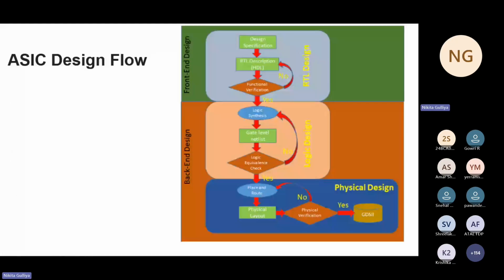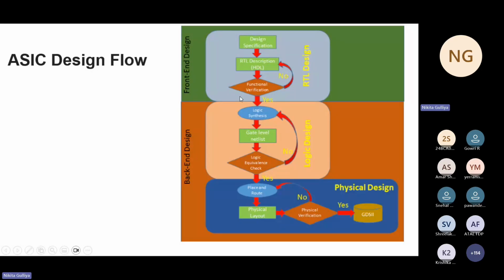This diagram again shows the ASIC design flow, which is divided into front end design and back end design. The front end design is the design specification, RTL description, and functional verification. And I work as RTL designer and verification from here to here.